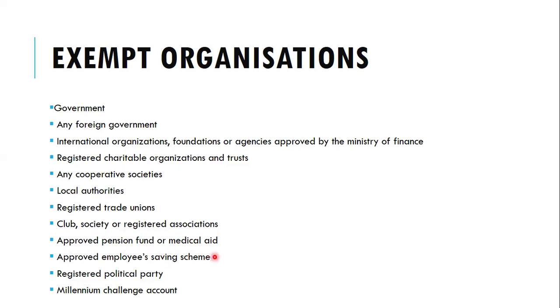If NAPSA transfers property from itself to maybe Zanaco, there's no property transfer tax which is charged. Then registered political parties, PF sells land or maybe a building, if they sell their secretariat to UCA, there's no property transfer tax which is charged. Then Millennium Challenge Account. So these are just a few pieces of information that you need to know, so that if you get exposed to a question, you can be able to respond with confidence.